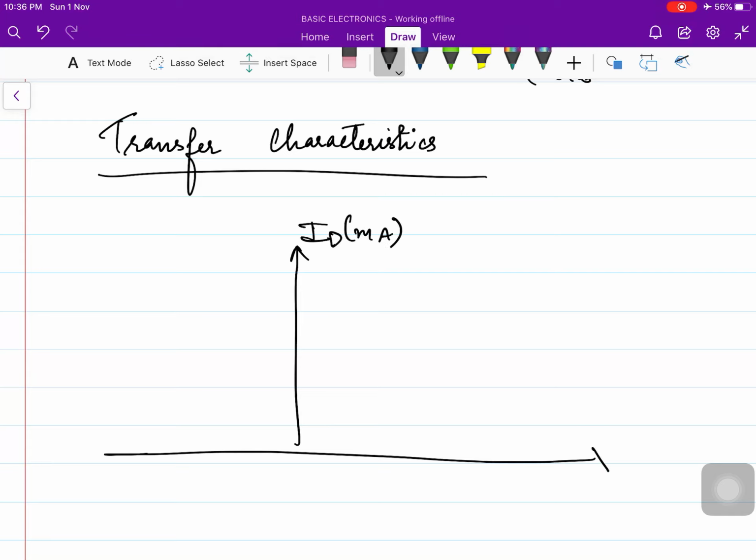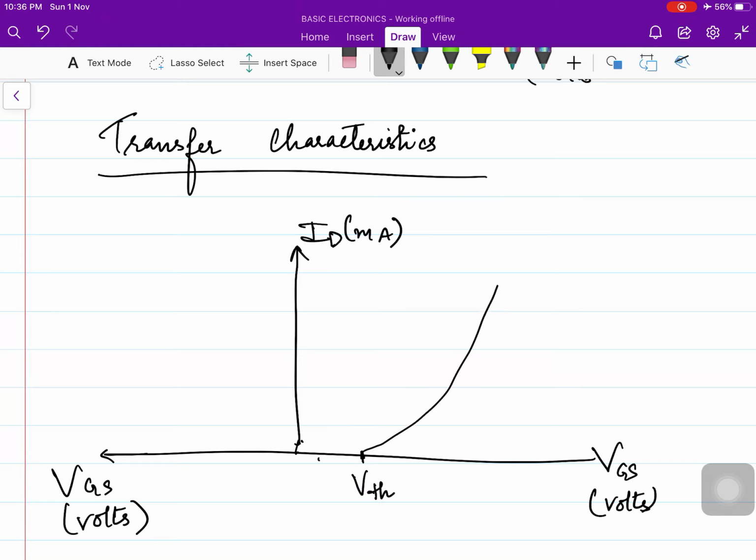Graph of ID and VGS. So at VGS 0, as we saw in the operation, current is 0, at VGS negative also current is 0, and for VGS positive also it does not flow at a very small positive value.